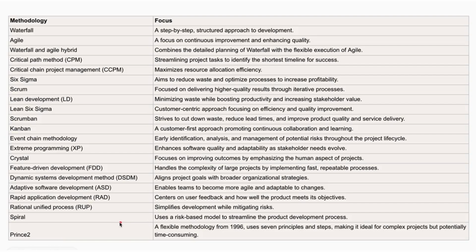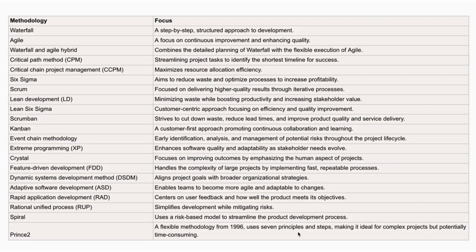And then the next methodology is Spiral. So it uses a risk-based model. And the final one is Prince2. So it's a flexible methodology with 7 principles and steps that make it ideal for complex projects, but it's time consuming. Prince2.